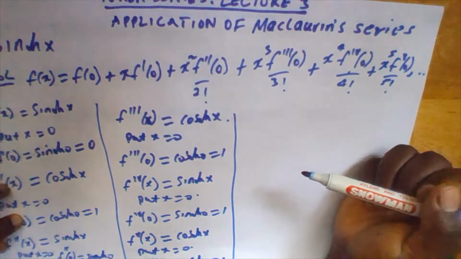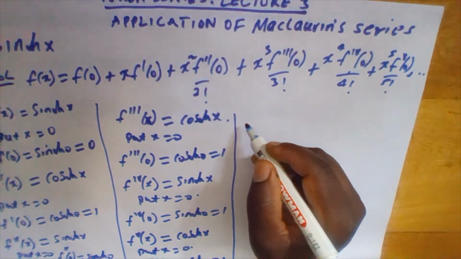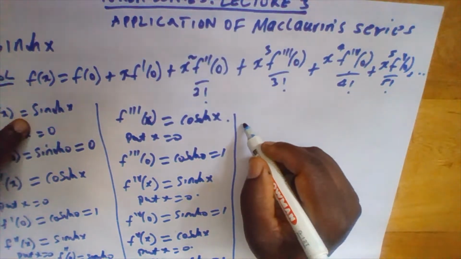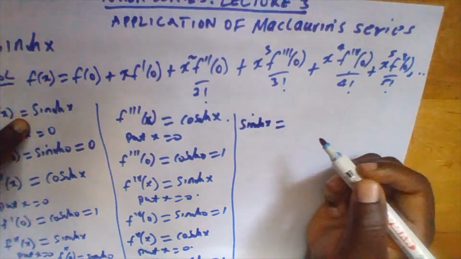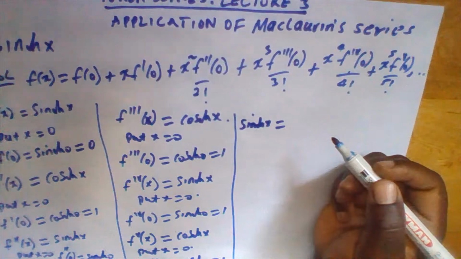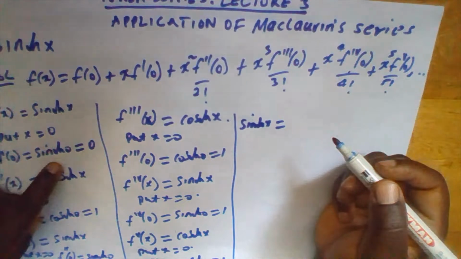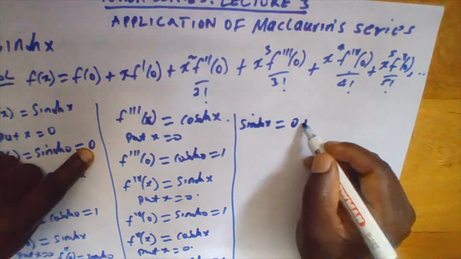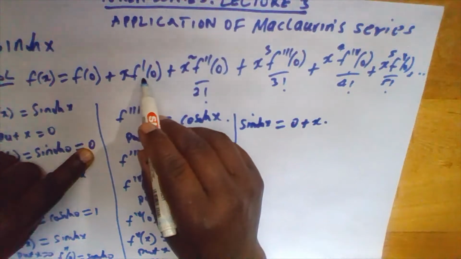So we now come and substitute in this equation. Because our f of x equals sin x, we shall say that sin x now equals our f of 0, which equals 0, plus x times our f prime of 0.